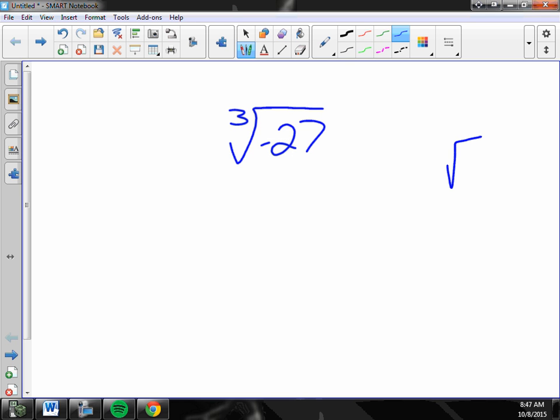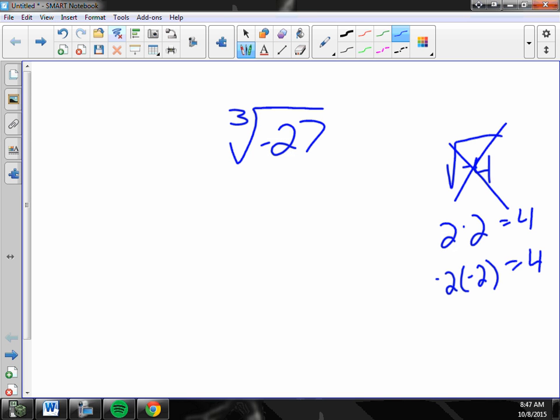Can you square root negative 8? No, why not? And let's, instead of 8, let's do 4. Can you square root negative 4? No, because 2 times 2 is 4, and negative 2 times negative 2 is also 4. Why not 2 times negative 2? That's not the same number. So this doesn't work, at least not today.